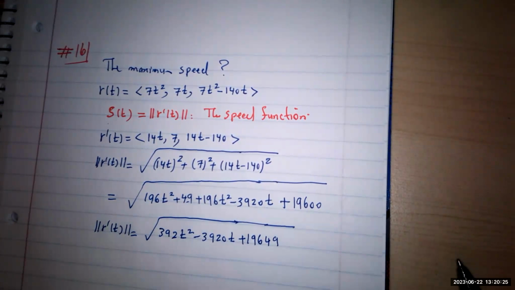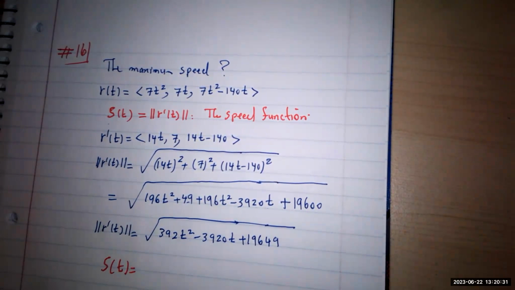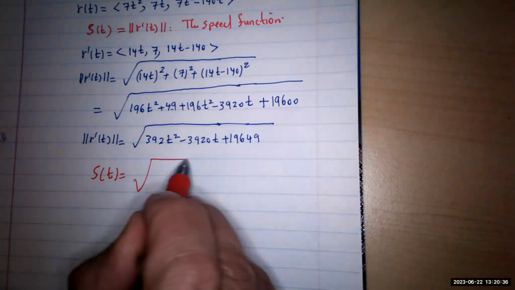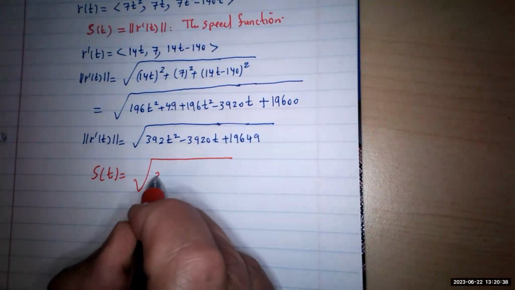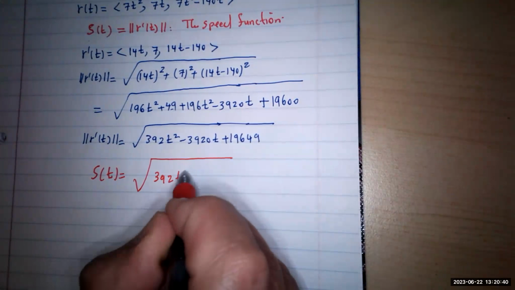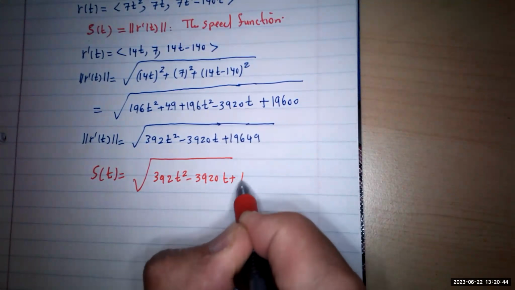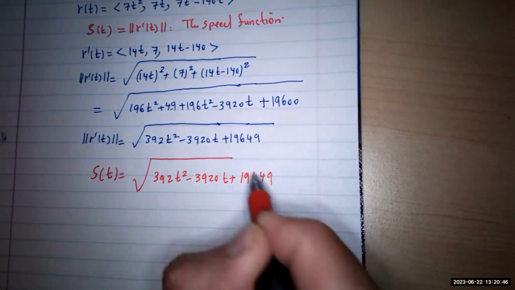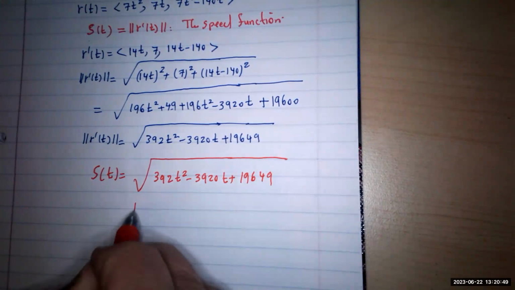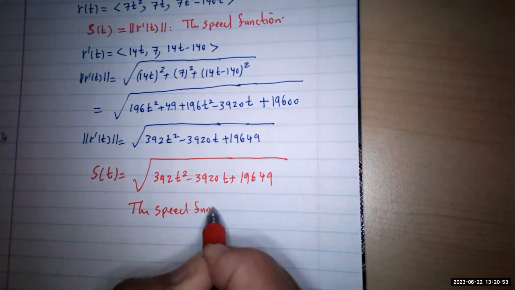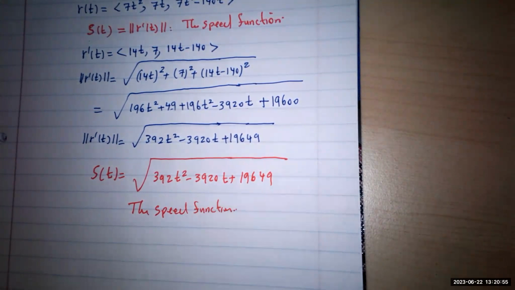You see, this is going to be the speed function. So the speed function is going to be 392t squared minus 3,990t plus the constant. This is the speed function.